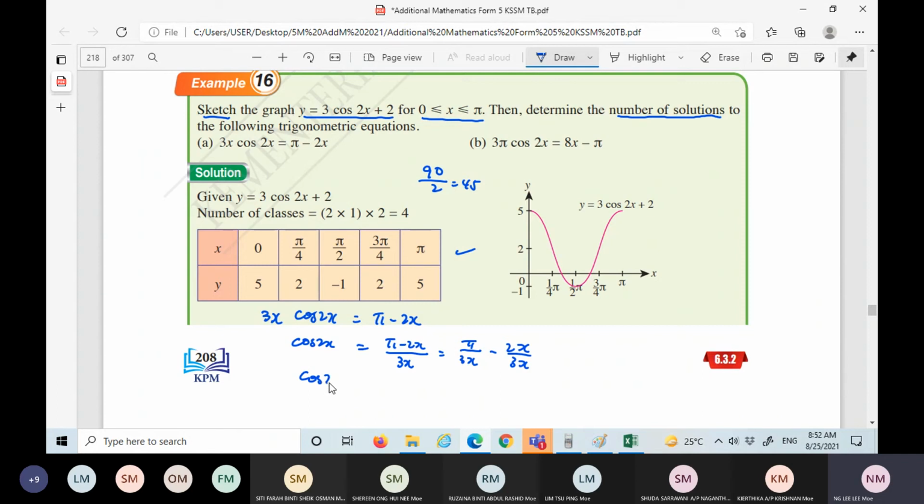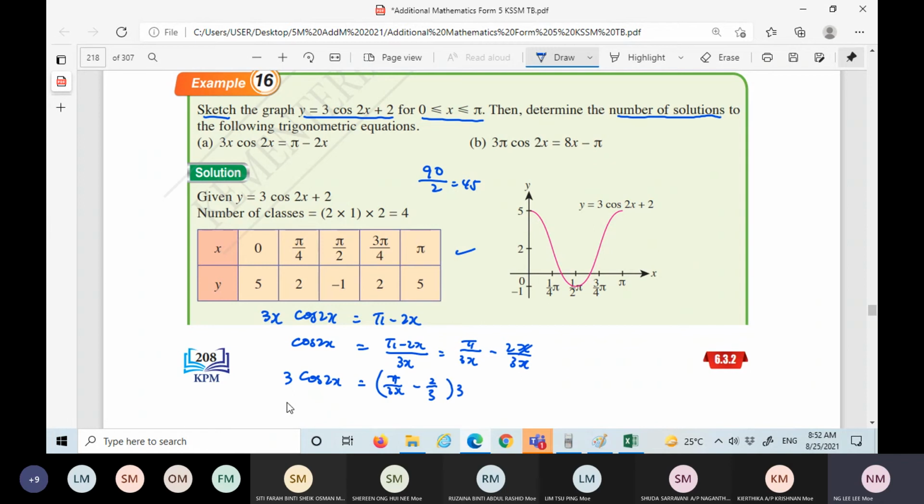So pi over 3x minus this one cut, so 2 over 3. After that, the original one is 3 cos 2x, so I'm going to times 3 to both sides.